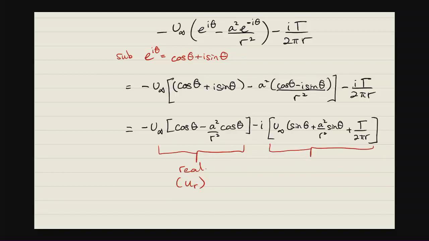And these terms here are all imaginary, which means that the negative of the imaginary component is my azimuthal velocity. Okay, is everyone clear?